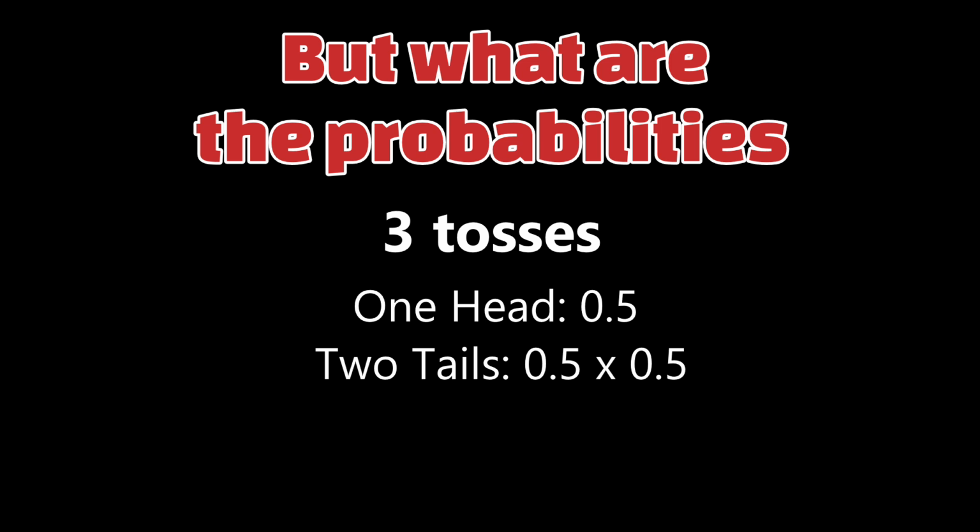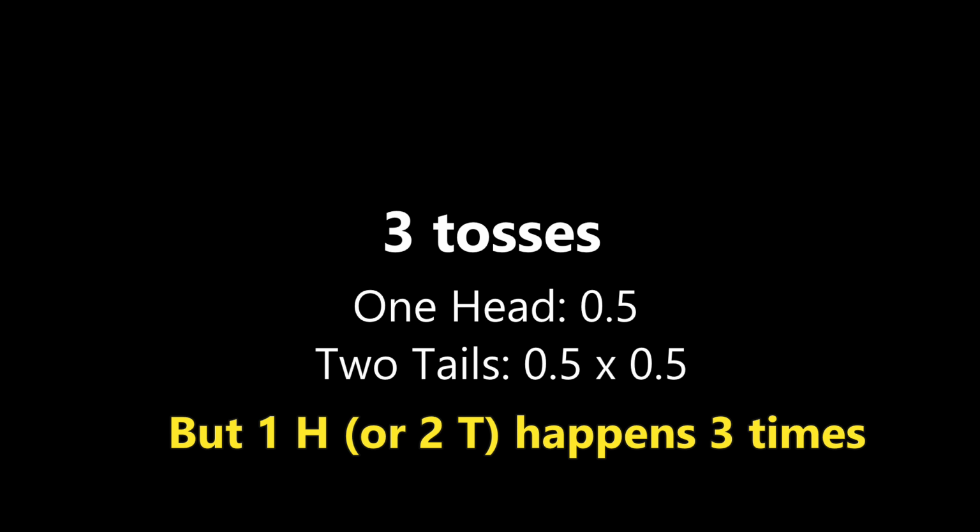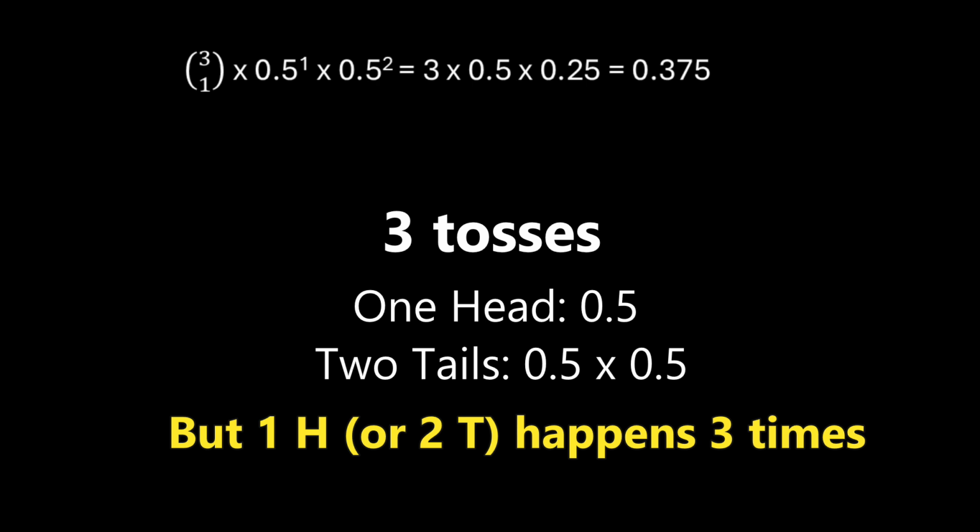But remember, this happens 3 times. So the actual probability of getting exactly 1 head in 3 tosses is as follows. 3 combination 1, 0.5 raised to the power 1 times 0.5 raised to the power 2, which is equal to 0.375.